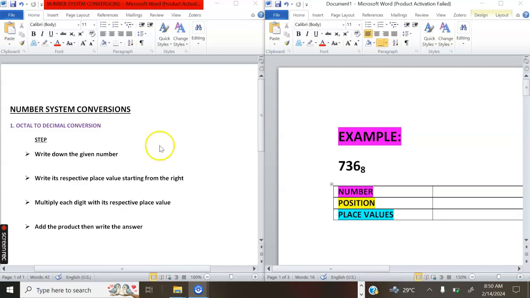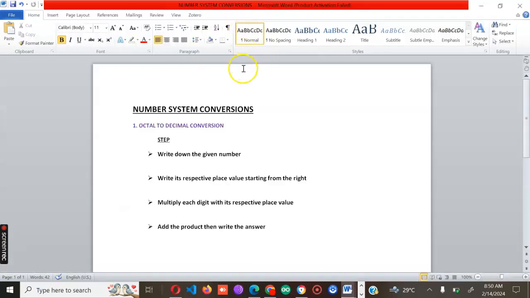In today's lesson, we are going to tackle how to convert octal numbers to decimal numbers. And these are the steps that we take. Step number 1, you write down the number. Step 2, you write its respective place value starting from the left.